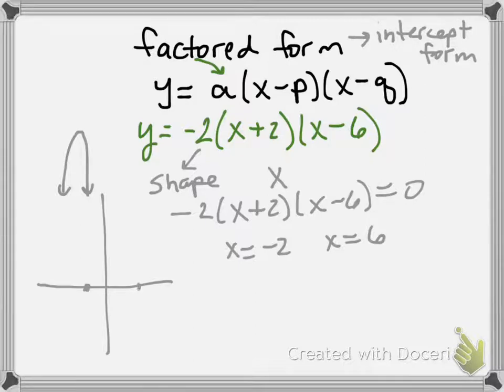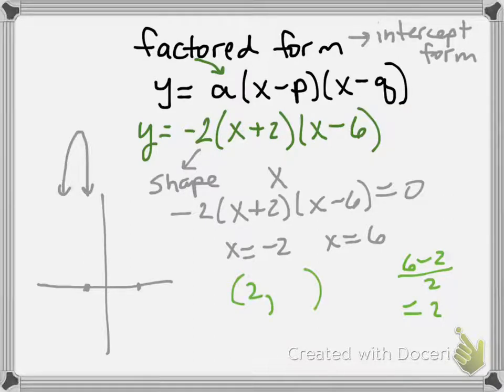If we wanted to find the vertex, the line of symmetry for it is going to be halfway between -2 and 6. If we take the average of those two, we add them up and divide by 2, that's going to be 2. So the vertex will be 2, something.